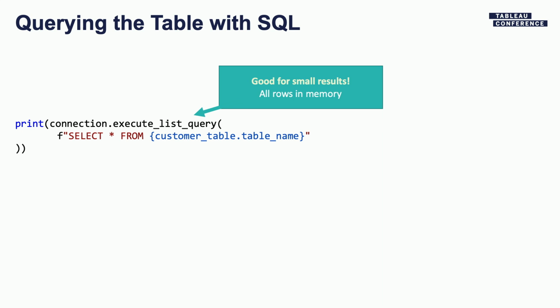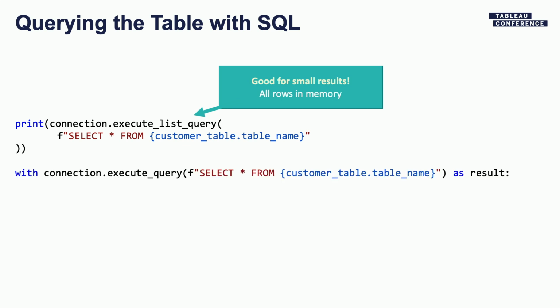But if you query 1 billion rows, you don't want these 1 billion rows in your memory at a time, right? So what you can do then is execute query. You already see that the name sounds more like, okay, that's the real deal. There you get a result, and the result is an iterator, which will just load the next rows in memory.